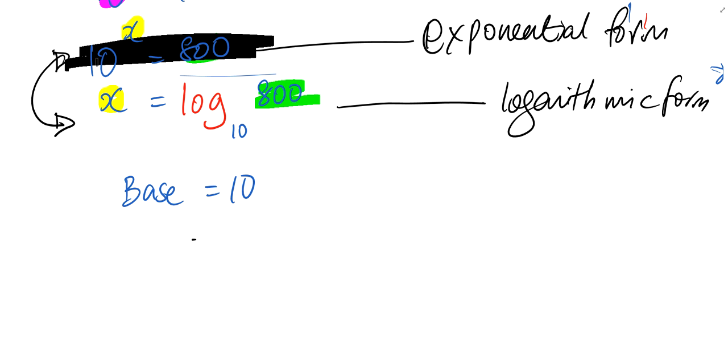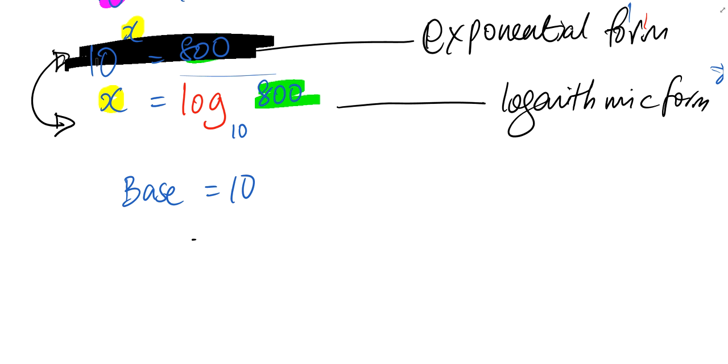Understand what I'm saying? What is the power for 10 to get me 800? That is the same as our exponential form. What is the power, which is the x over there? We are trying to solve for unknown powers here. Okay, let's do practice.